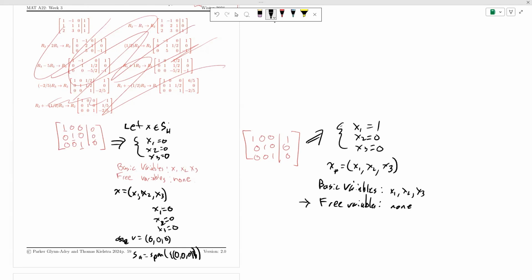And now, once we've set our free variables, we define XP, and XP, well, we have X1 equals 1, X2 equals 0, X3 equals 0. I get that XP equals 1, 0, 0.